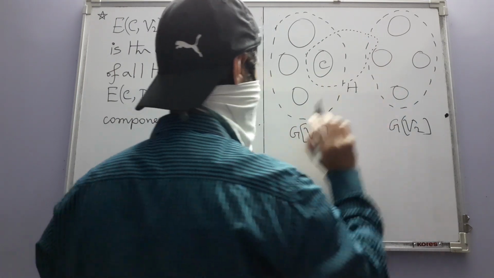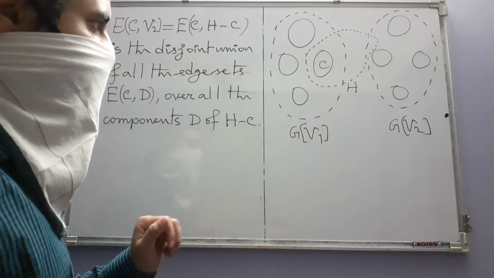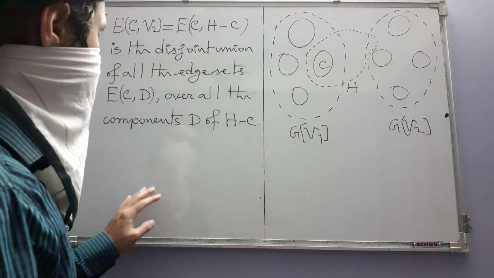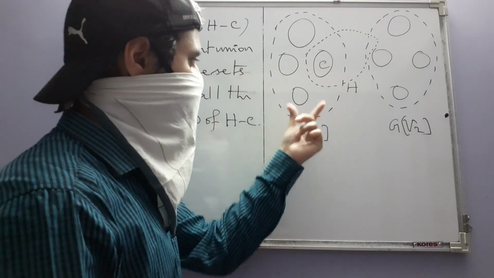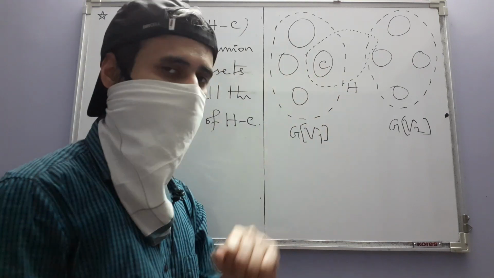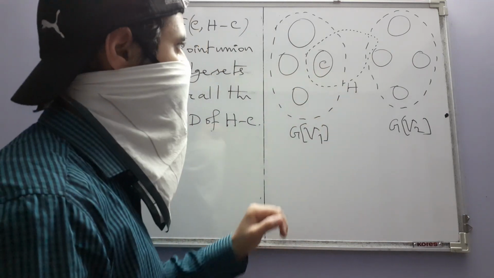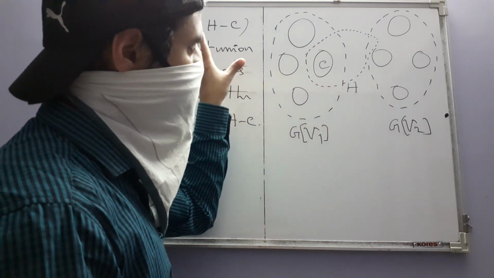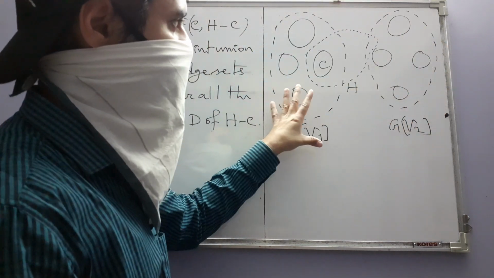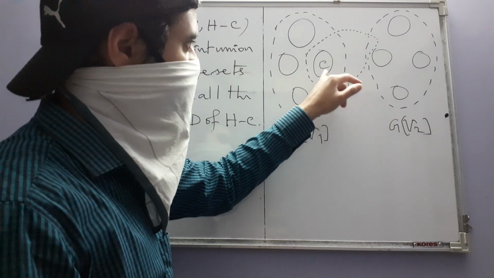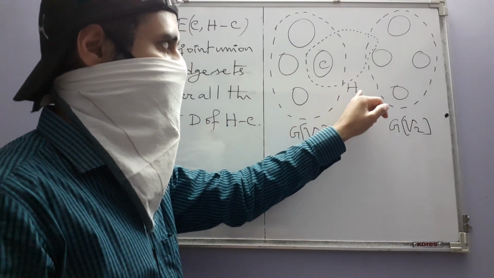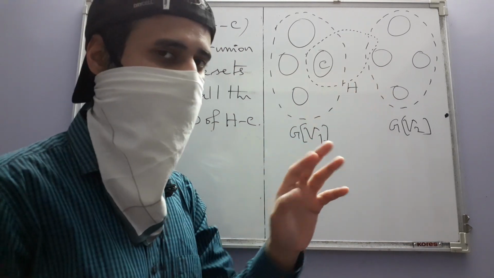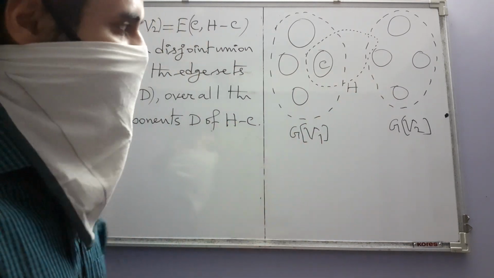So this is H. Okay, so what is happening here? C is a component of this induced subgraph GV1. H is a component in the original graph G that contains C, and it has been left to you to convince yourself that such an H exists. Okay, that part is left to you.